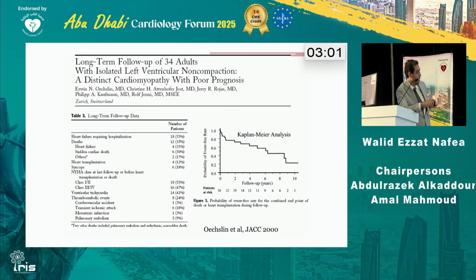The symptoms and signs include the NYHA classification, syncope, ventricular arrhythmias, transient ischemic attack, and thromboembolic manifestations, including pulmonary embolism.